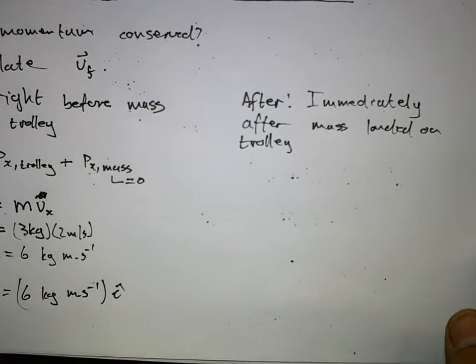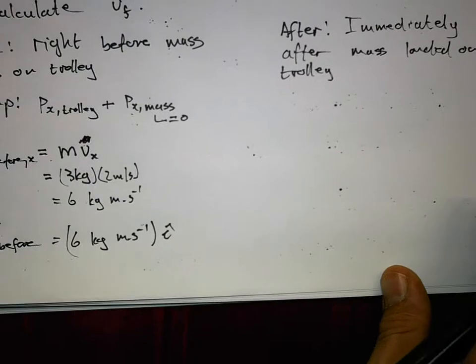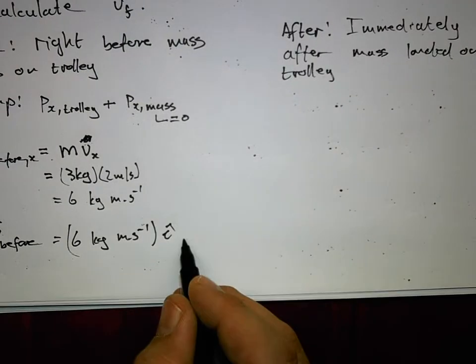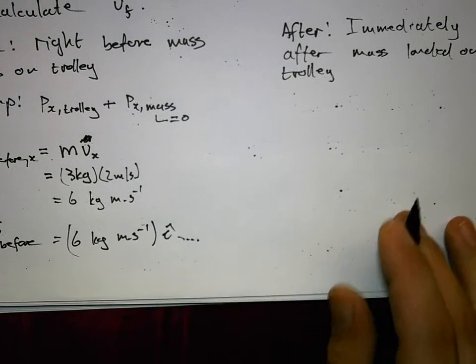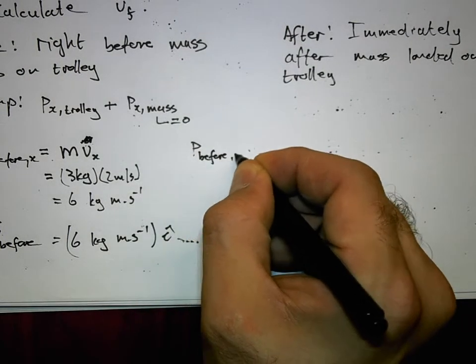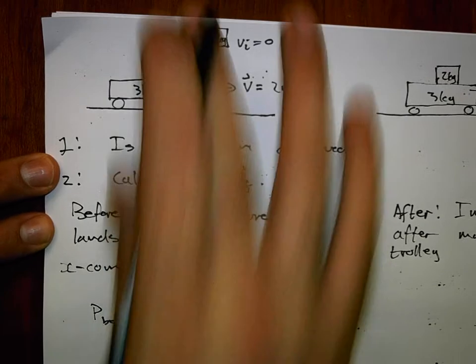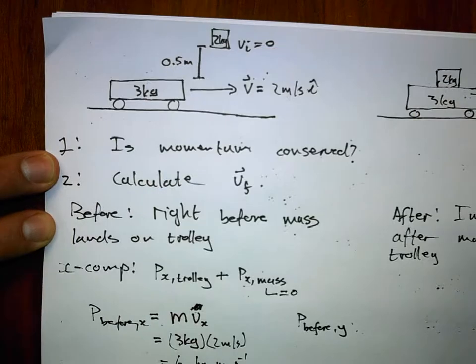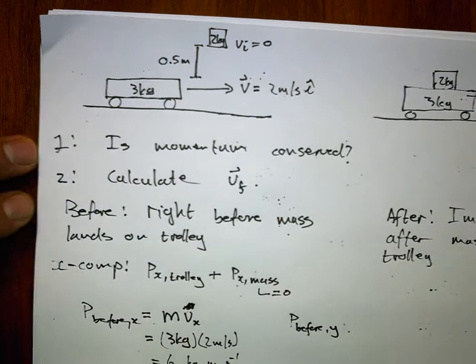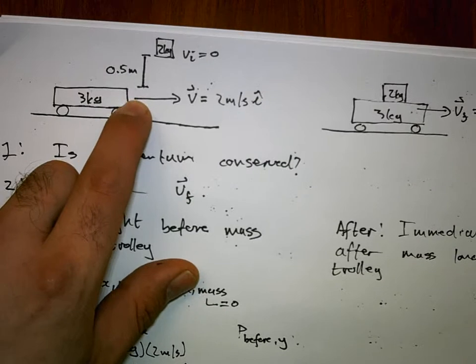Let's look at our momentum after. We still have to do the y component as well, so there might be something added over there. So let's look at the y component. Now the trolley is not moving along the y direction, so it's got no velocity along y. The only thing that has velocity along y will be this mass, which is falling downwards.